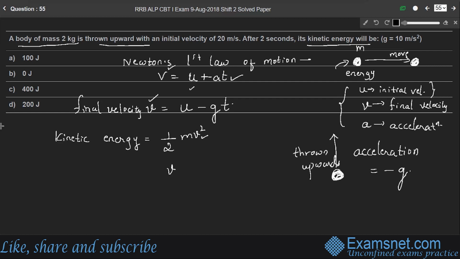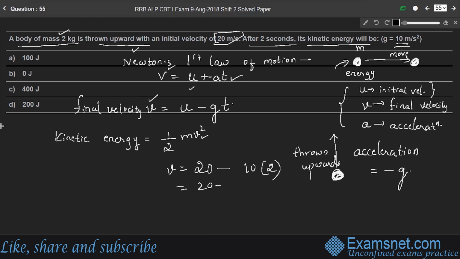So here, what is the initial velocity u? The body of mass 2 kg is thrown upwards with an initial velocity of 20 meters per second. So v is 20 minus g into t. Acceleration due to gravity is 10, and after 2 seconds the time duration is 2.